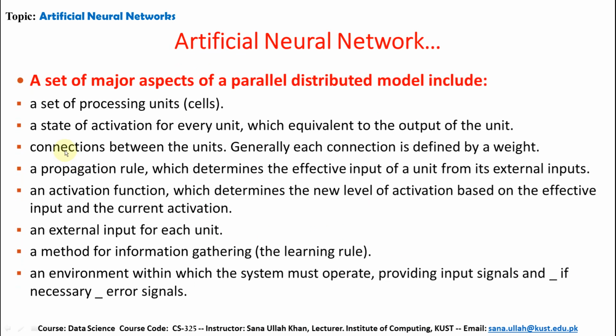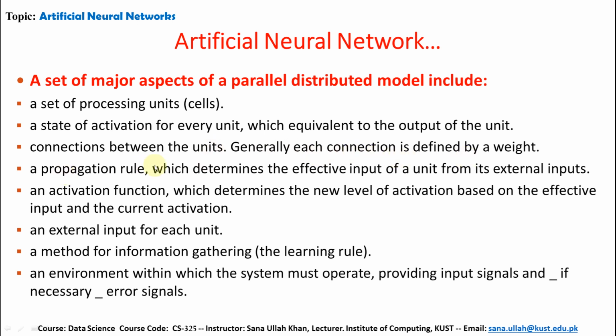So, a set of major aspects of a parallel distributed model includes a set of processing units, a state of activation for every unit, which is equivalent to the output of the unit, and connections between the units. Generally, each connection is defined by a weight.